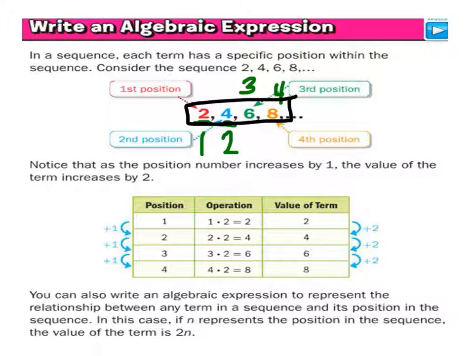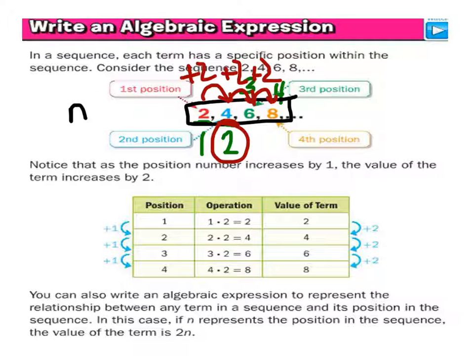Well, look at this. What are we doing to get from 2 to 4? Add 2, right? What about 4 to 6? Add 2. 6 to 8? Add 2, right? So if I took position 2, make it n. n is the position, right?